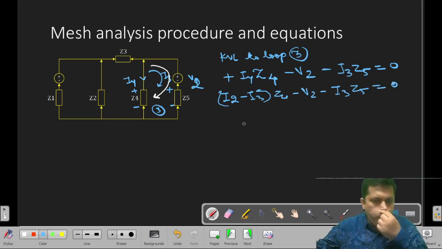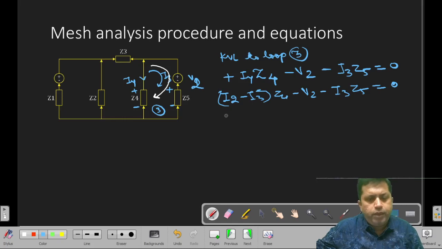If I multiply by minus sign, what I will get is I3 minus I2 into Z4 plus V2 plus I3 Z5 is equal to 0.